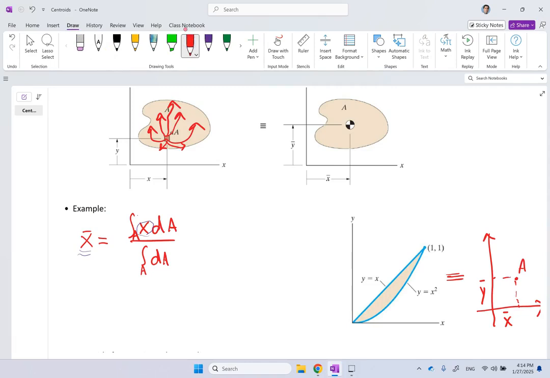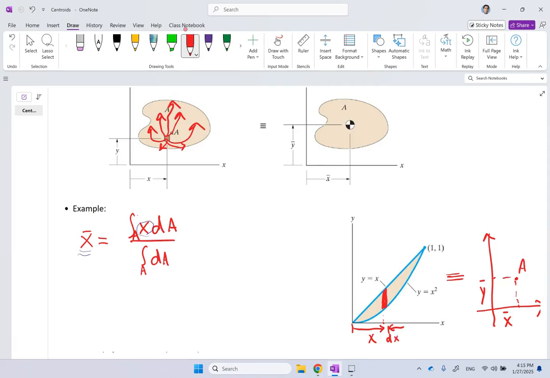Well, here we go to a fixed distance x from the origin, and then at that location, I draw my element as a vertical bar like this, which from the top is limited to the y equal x line, and from the bottom to the parabola, okay? And the thickness of this small element, I consider it dx.